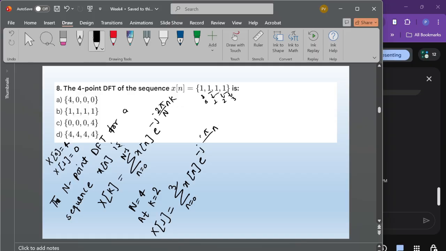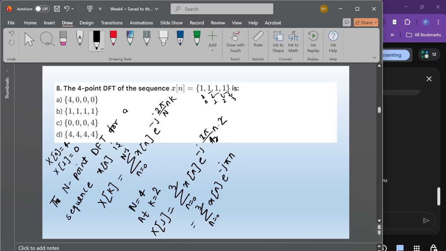So e to the power minus j 2 pi by 4 n into 2, right? So here the 2 and all these values will be cancelled out. So you will get n is equal to 0 to 3, x of n e to the power minus j pi n only.